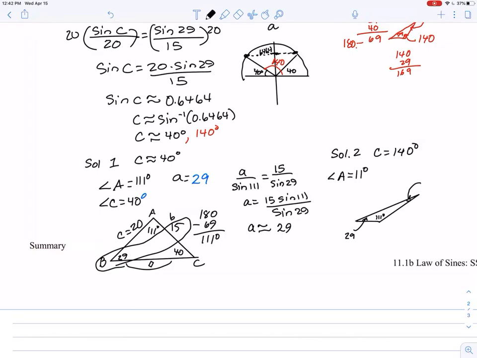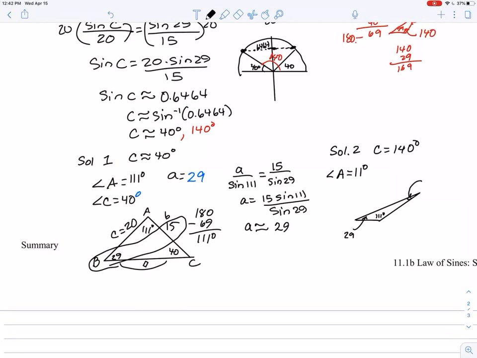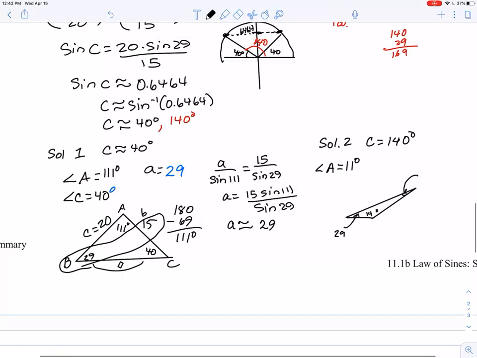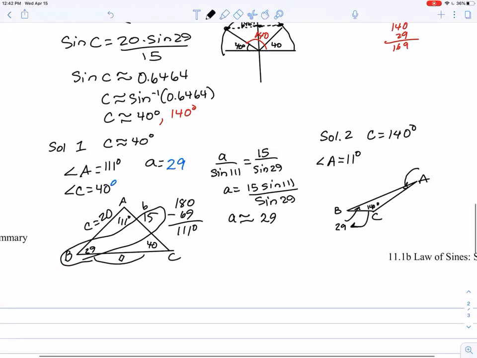Is it 11? It's not 111, it's 140. What am I doing here? So C is 140 degrees, that picture there, that's C, that's B, that's A. So A is 11 degrees because 140 plus 29 is 169. Subtract that from 180. Okay, and we already know that side B is 15 and side C is 20. So all we have to do left here is find side A.